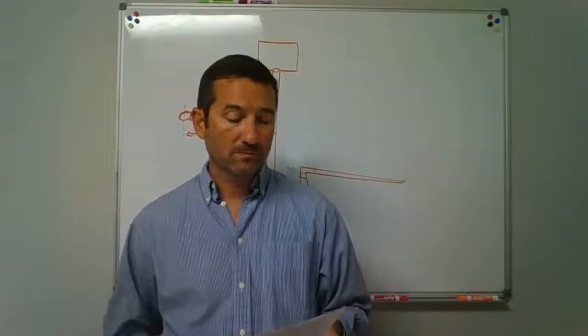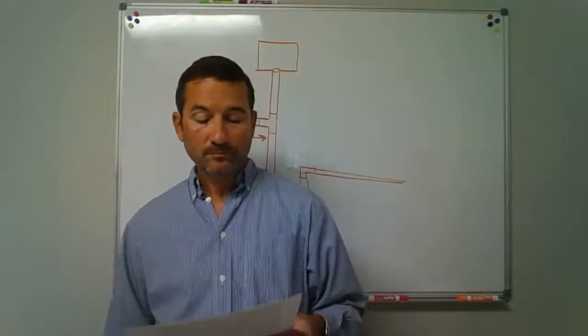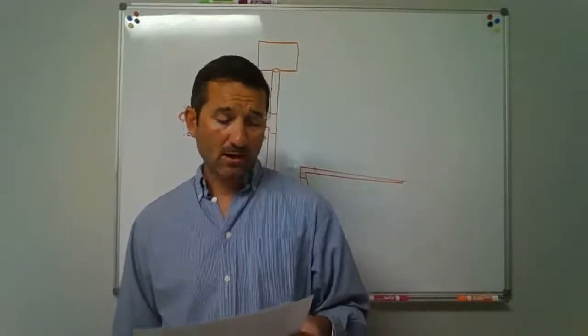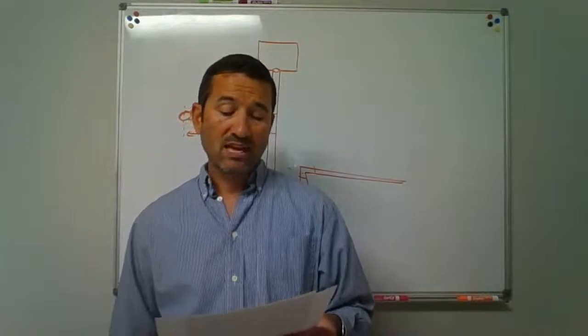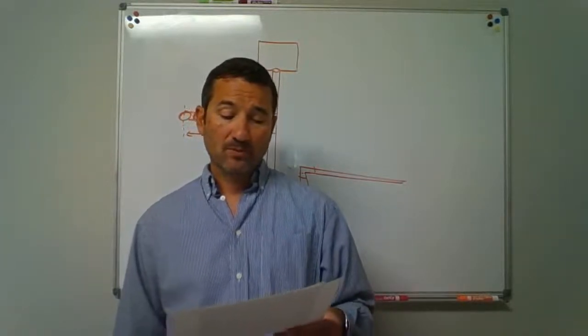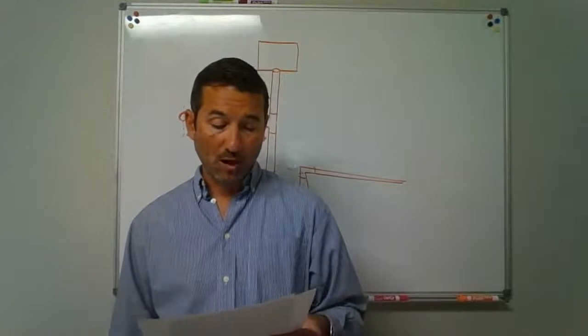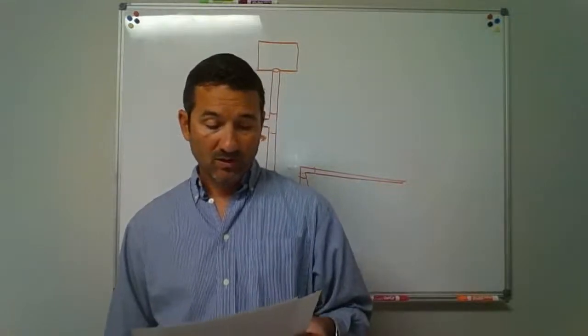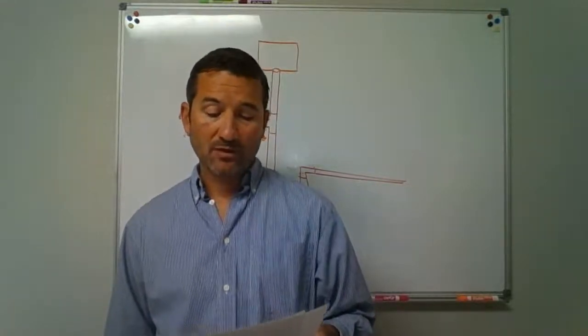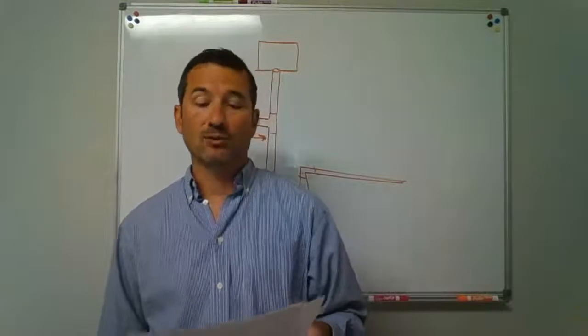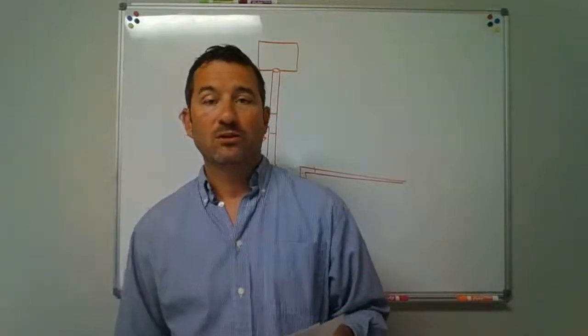Question 2. The minimum air gap between the indirect waste pipe and the flood level rim of the waste receptor is 2 times the diameter of the effective opening of the indirect waste pipe. Is that true or false?